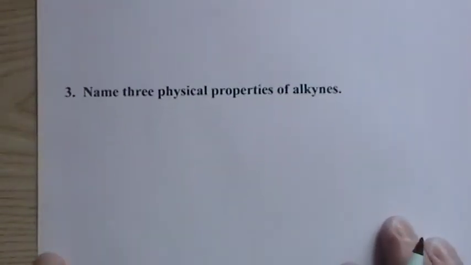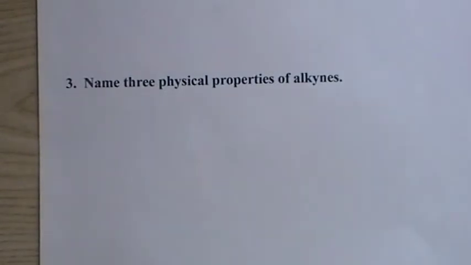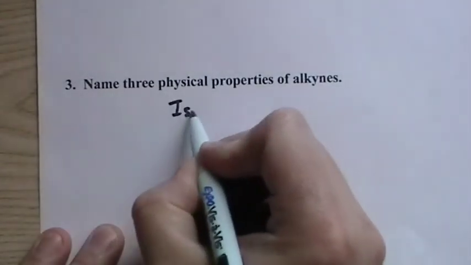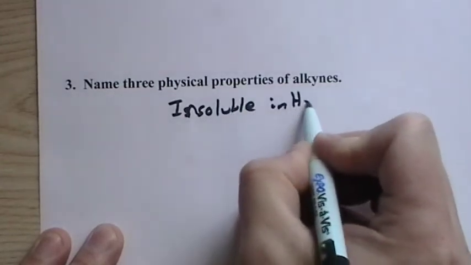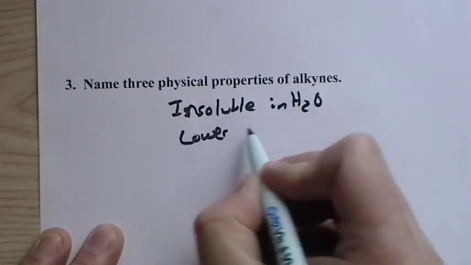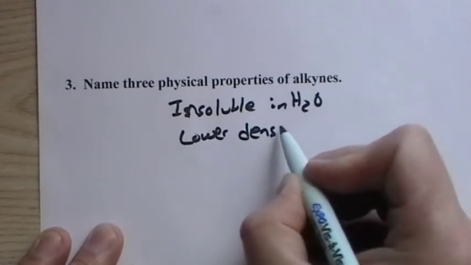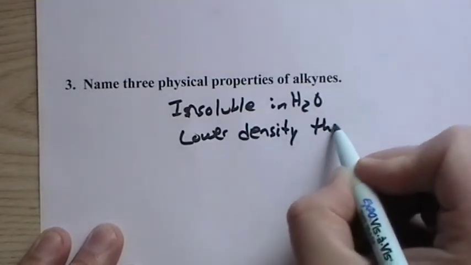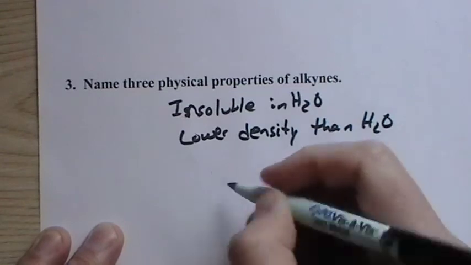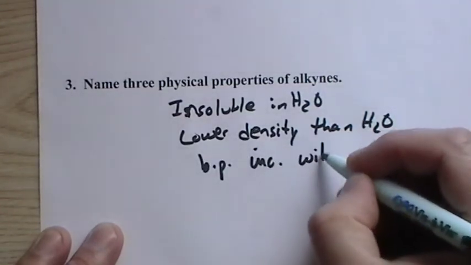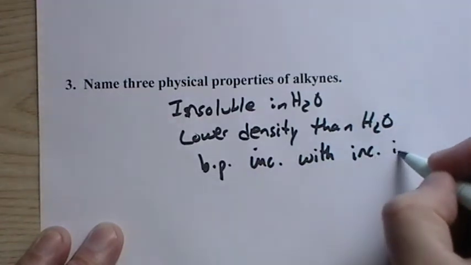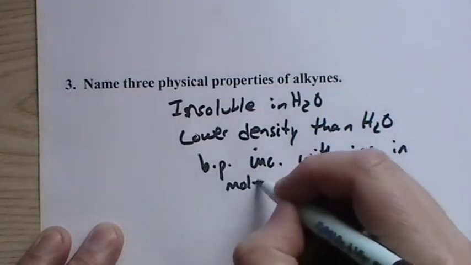Name the 3 physical properties of alkynes. What could they be? Insoluble in water. Lower density than water. Boiling point increases with increase in molecular mass.